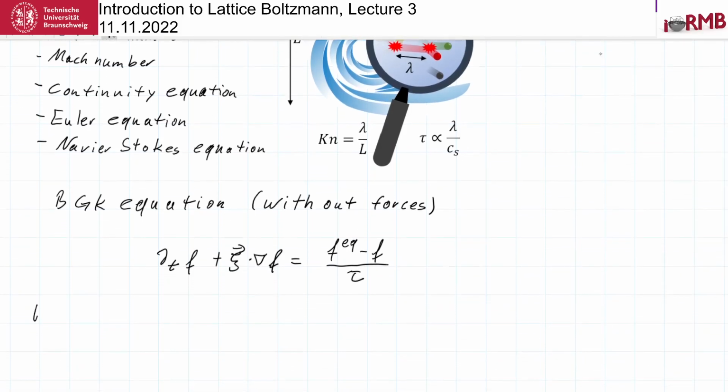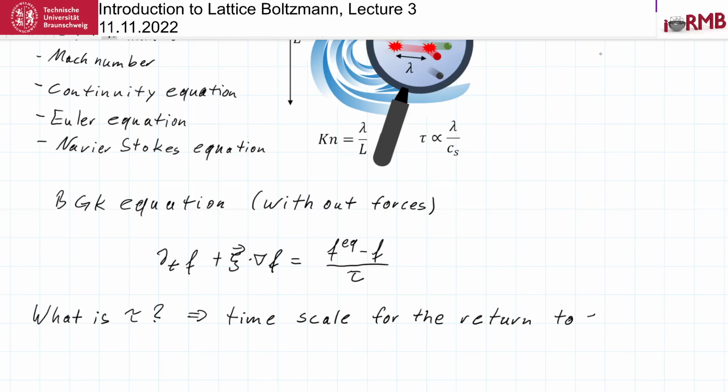So what is this tau? Tau is the time scale for the return to equilibrium. I say return, implying that the particle has been in equilibrium before.